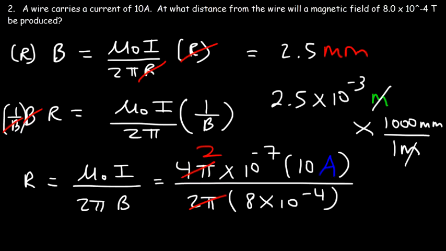And so that's the answer. That's how far away from the wire you have to be to measure a magnetic field of 8 times 10 to the minus 4. By the way, if you ever place a compass near a wire, whenever there's an electric current flowing through that wire, it will cause the compass to deflect. You should try it.